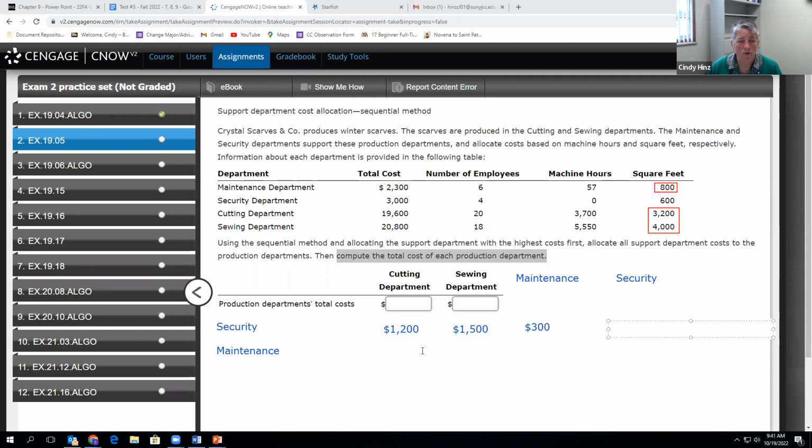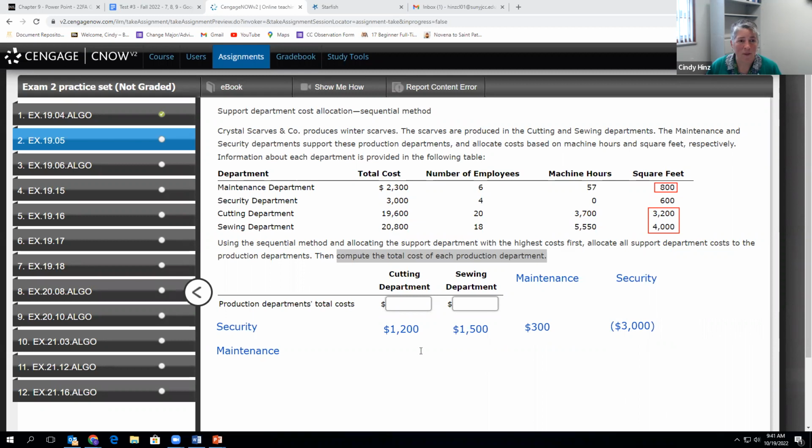And let's add those across and make sure we've fully allocated the 3,000 from the security department. 1,200 plus 1,500 is 2,700 plus 300. So we have fully allocated the security department cost. It had 3,000 in there. We took 3,000 out. There's no cost left in that security department.